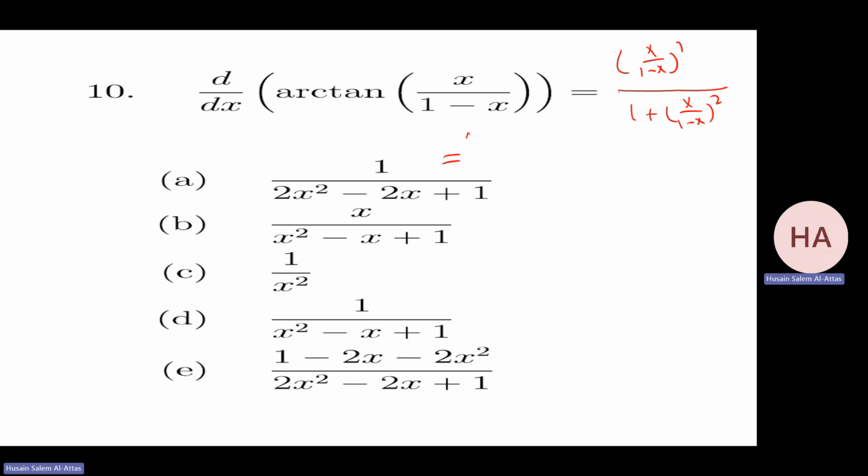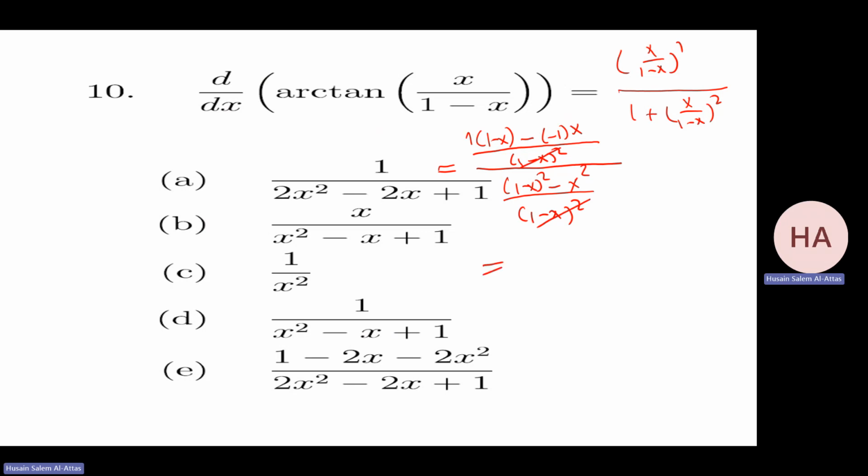It will be 1 times the denominator minus the denominator derivative times x, over 1 minus x all square, all over 1 minus x square minus x square, all over 1 minus x all square. So this is cancelled. That will make it simple.